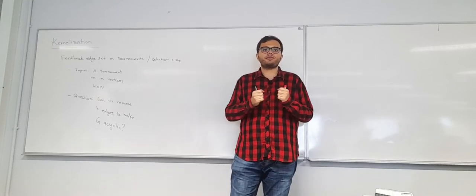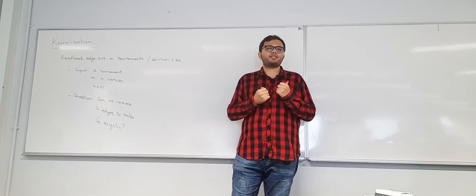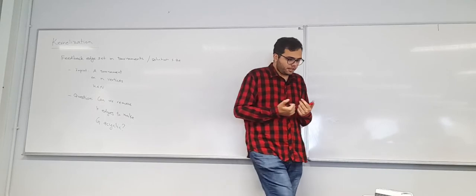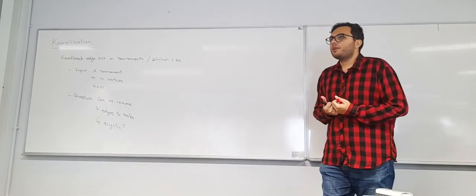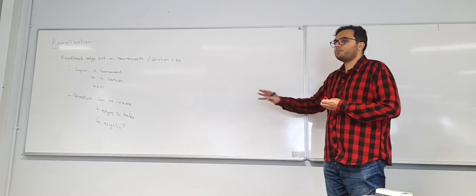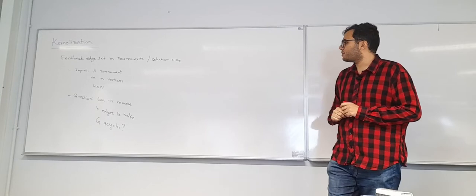If I remove an edge from a tournament, it's no longer a tournament. Whereas when I remove the vertex from a tournament, I still had a tournament. Okay? So whatever rule I come up with, it can't really remove edges. It has to do something else. It has to preserve the fact that this whole thing is a tournament.